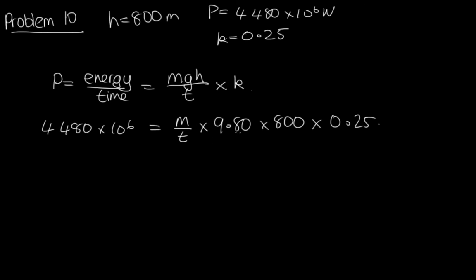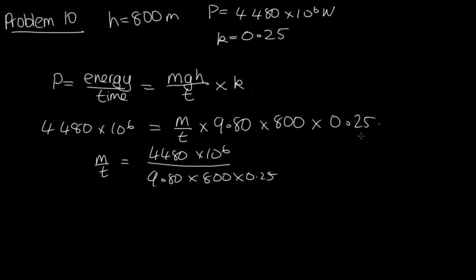So rearranging this, we can find that m on t is equal to 4,480 times 10 to the 6 divided by 9.80 times 800 times 0.25, just dividing by these.